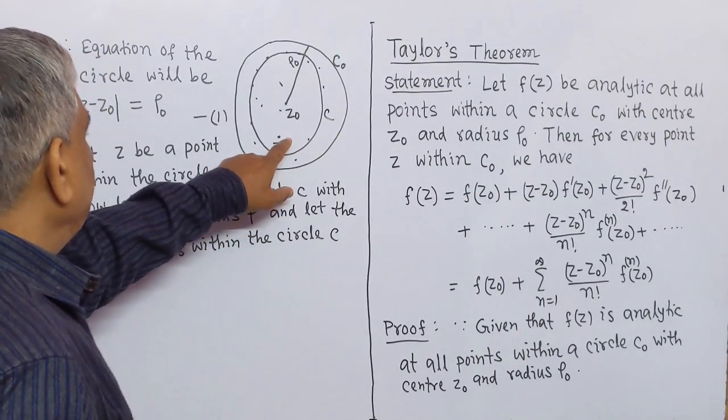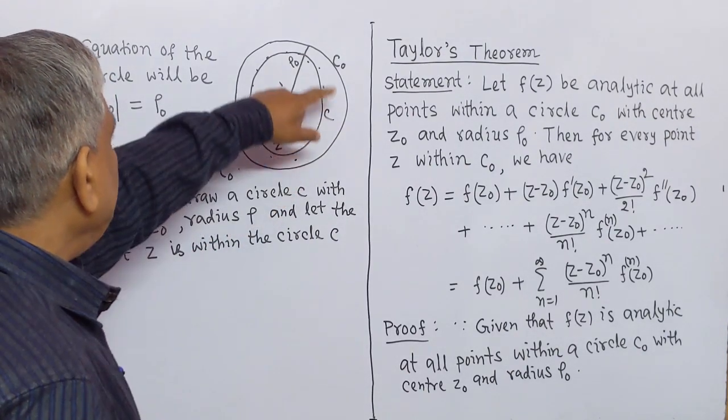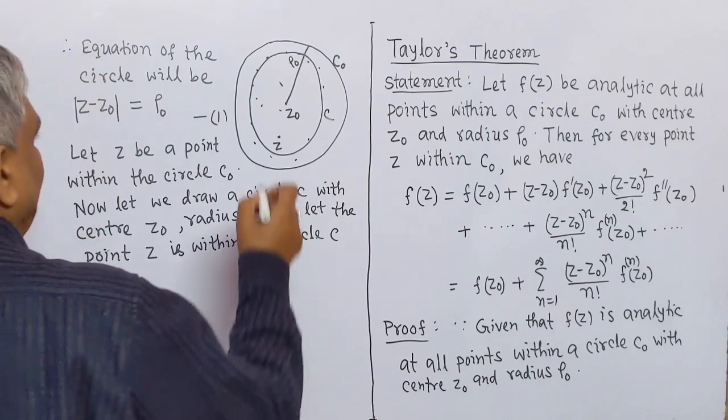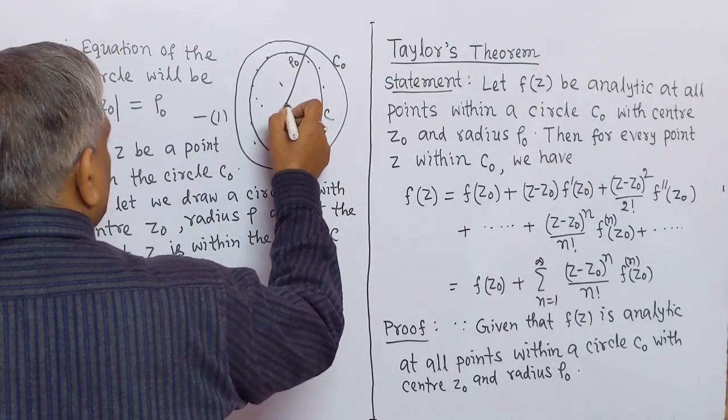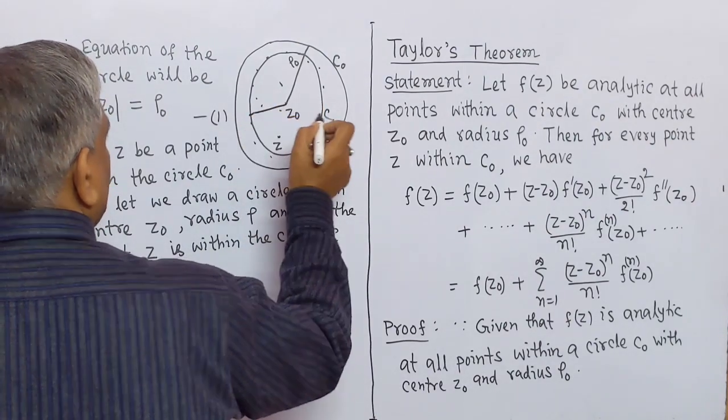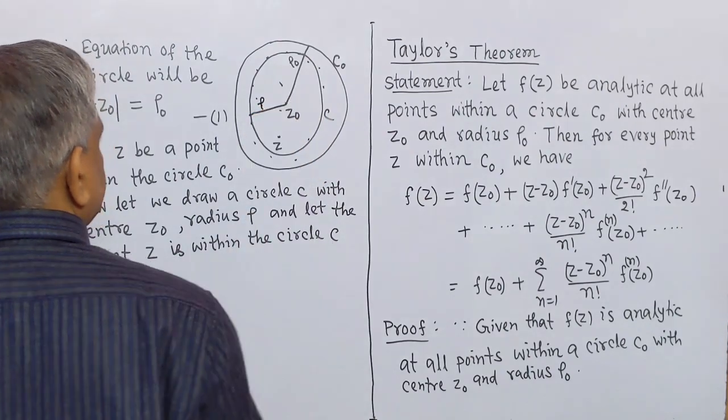Z be the point inside the circle, and let the radius of this circle be rho.